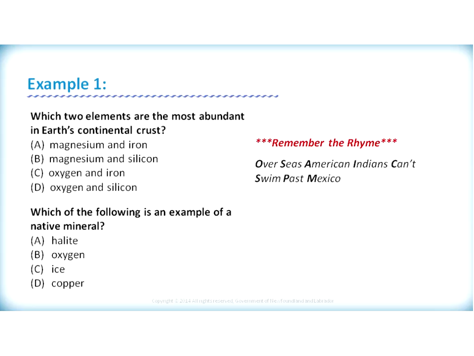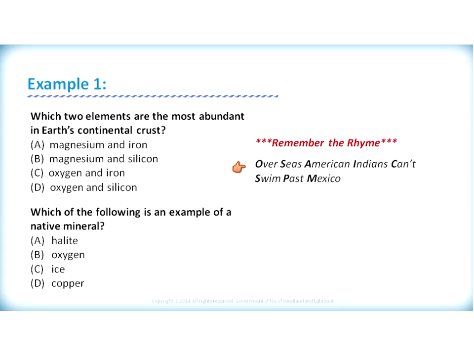Let's look at an example from past public exams. Question number 1 reads, which two elements are most abundant in Earth's continental crust? So if we read the question carefully, it's looking for two elements which are the most abundant in the crust.